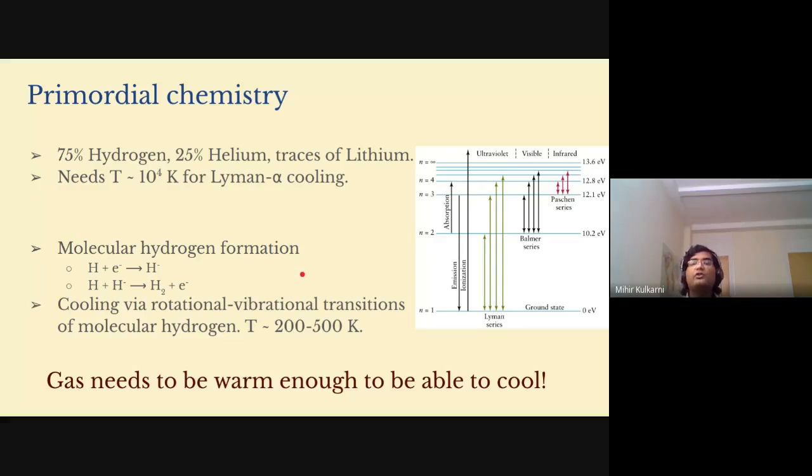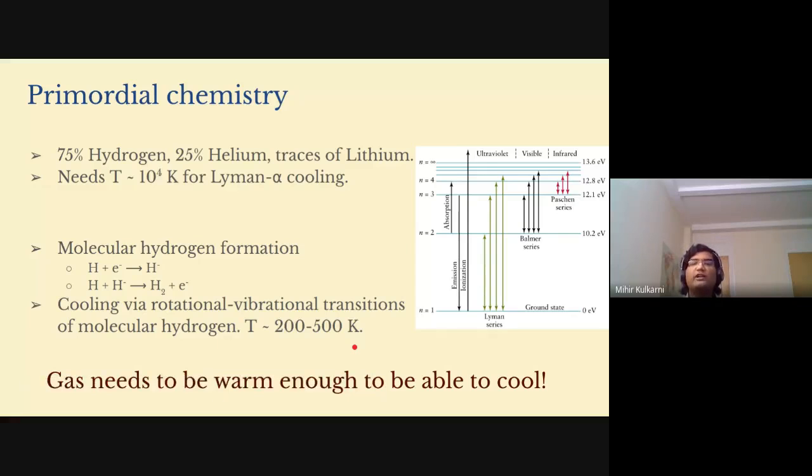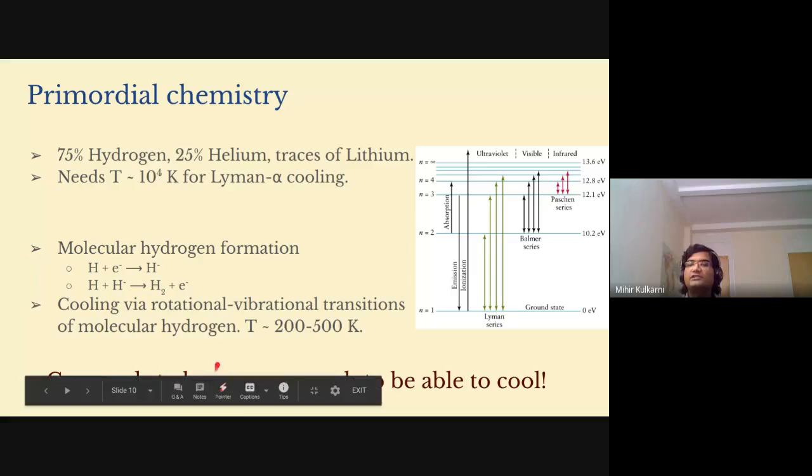It's important to know that if we do not have sufficient molecular hydrogen, or the gas does not have this temperature, the gas cannot cool. And we need gas to be cool so that it can become dense enough to lead to formation of a star. So the gas needs to have at least a certain temperature for it to be able to cool.